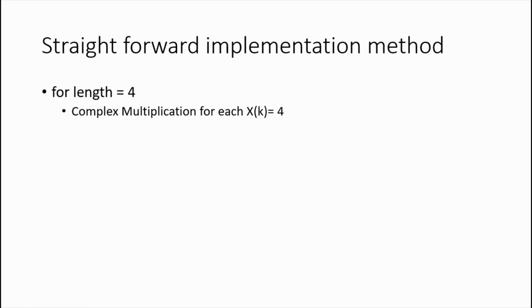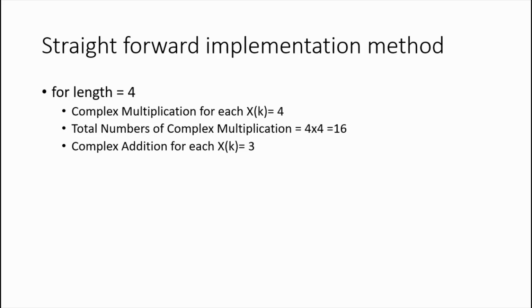For length equal to 4, the complex multiplication for each X[k] is equal to 4, and the total number of complex multiplications is 4 cross 4 equal to 16, as the number of points is equal to 4. Complex addition for each X[k] is equal to 3, and the total number of complex additions is 4 cross 3 equal to 12.